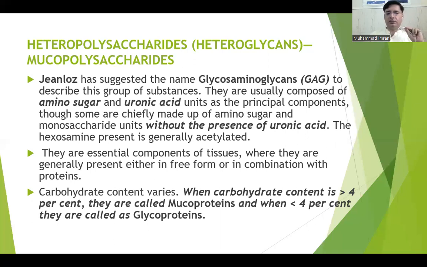They are essential components of tissue, where they are generally present either in free form or in combination with different proteins. Actually, these heteropolysaccharides have a negative charge and our proteins have a positive charge, so they are combined together by ionic interaction.